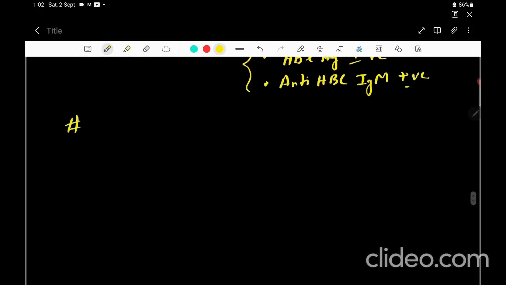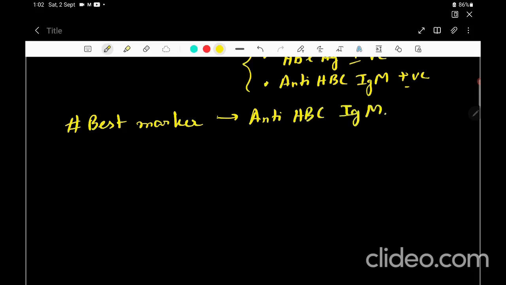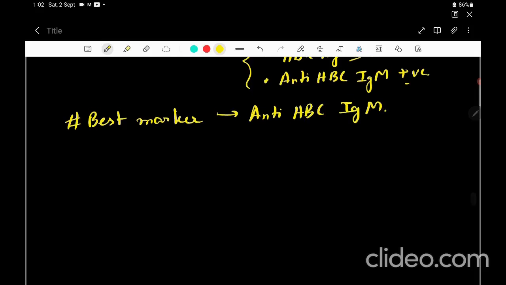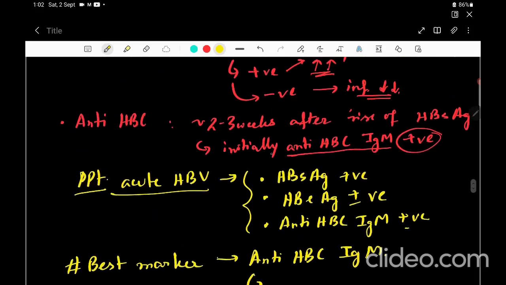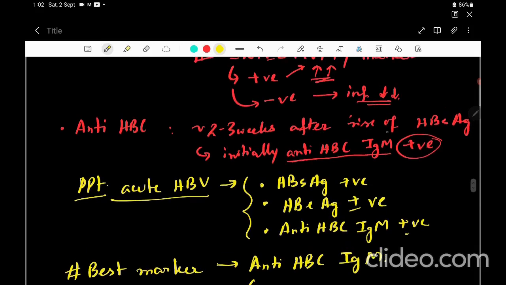What is the best marker for hepatitis B? This is anti-HBC IgM. As I have discussed here, the rise of anti-HBC is just after 2 to 3 weeks of HBs antigen.